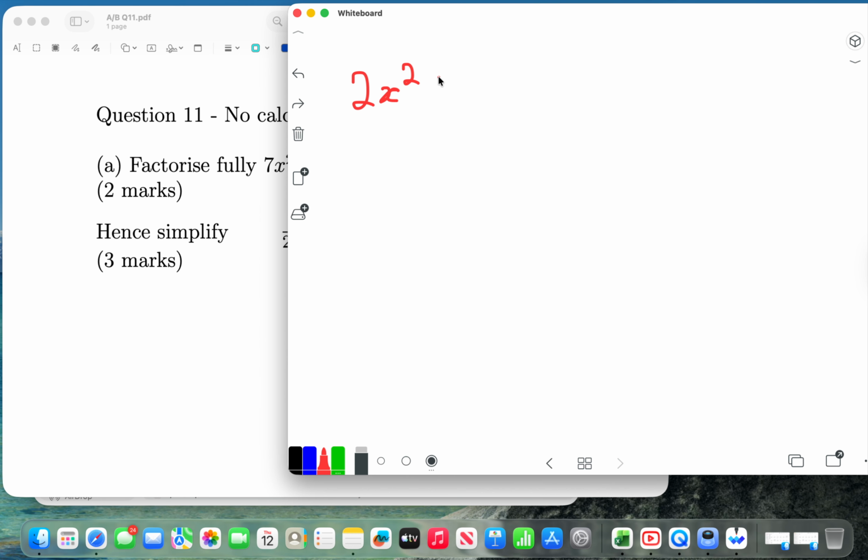Plus 3x minus 9. The first thing is there's no common factor, but it is a trinomial because we have an x squared term, an x term, and a term with no x, which we call independent of x. We can make the 2x term and an x term because once these two multiply each other, they make 2x squared.